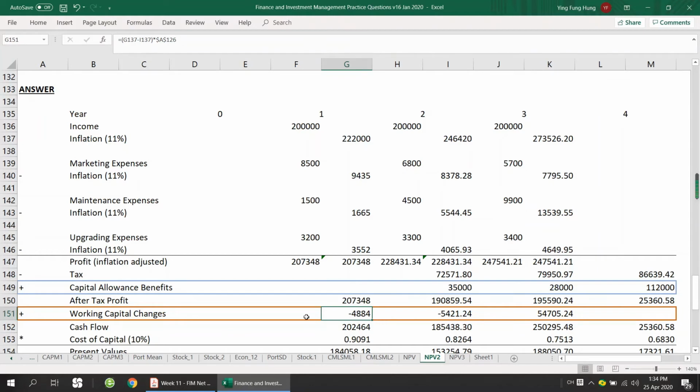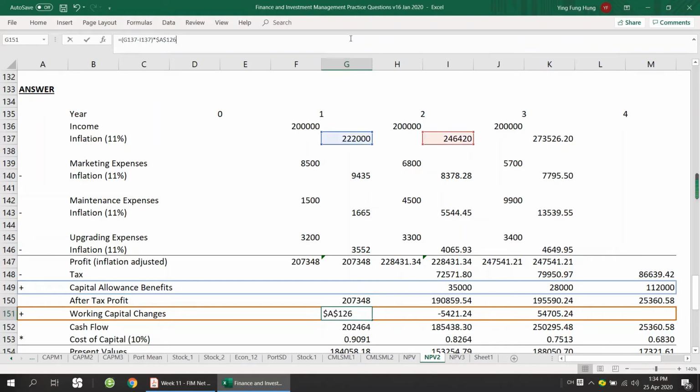For the working capital changes between year 1 and year 2, since there is an increase in sales in year 2, in this case we need to prepare more working capital, or more cash, in preparation for the increase in sales.